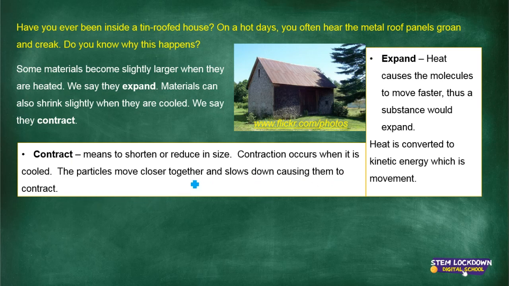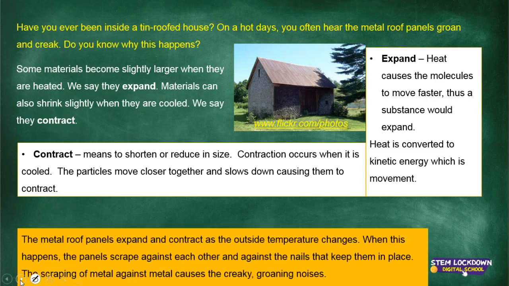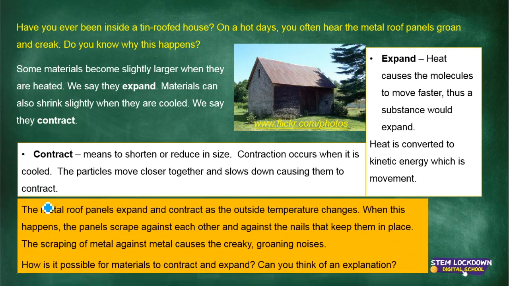So I'm going to say that again: the particles move closer together, slow down, and it causes it to contract. But in expansion, the particles move fast and move further away from each other. So that's how it expands. I'll explain that to you in the next few slides.